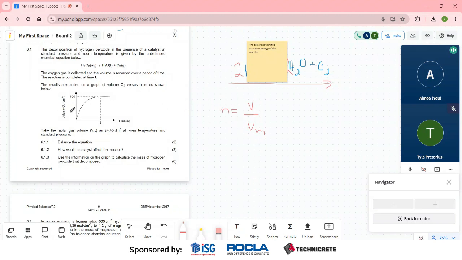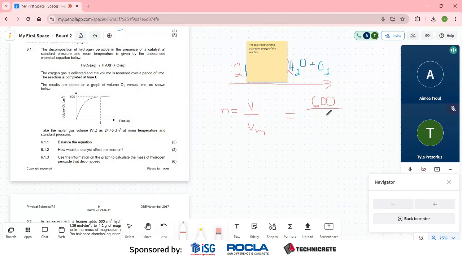So how many moles of oxygen did we start with? We started with 600 centimeters cubed on the graph, and they've given us our molar volume in decimeters cubed. So our SI unit is decimeters cubed, which means we need to convert our centimeters cubed into a decimeter cubed value first. The way we do that is we divide our centimeters cubed value by 1,000 to get our decimeter cubed value.